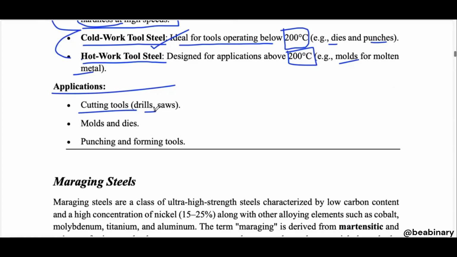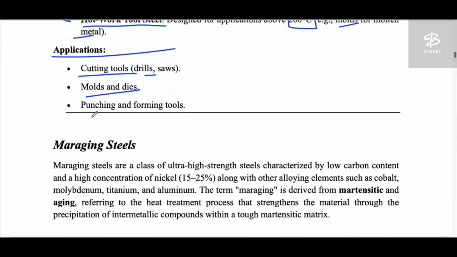The drill bit that we use there is of tool steel. Not the whole drill machine is of tool steel, but the drill bit, which is responsible for cutting the material, is of tool steel.